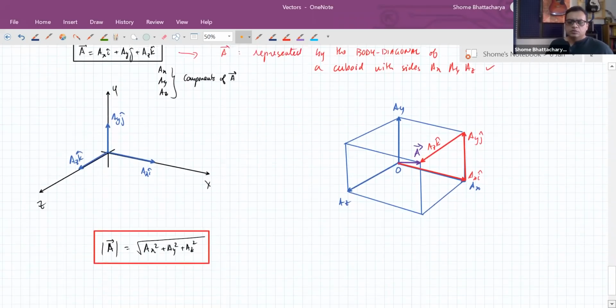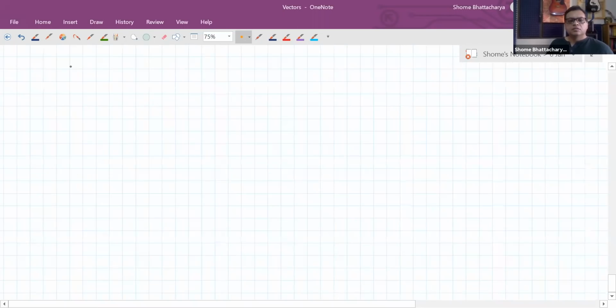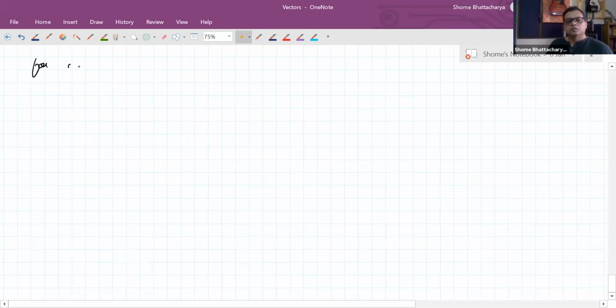So for a 3-dimensional vector expressed in component notation, we also define something called direction cosines.